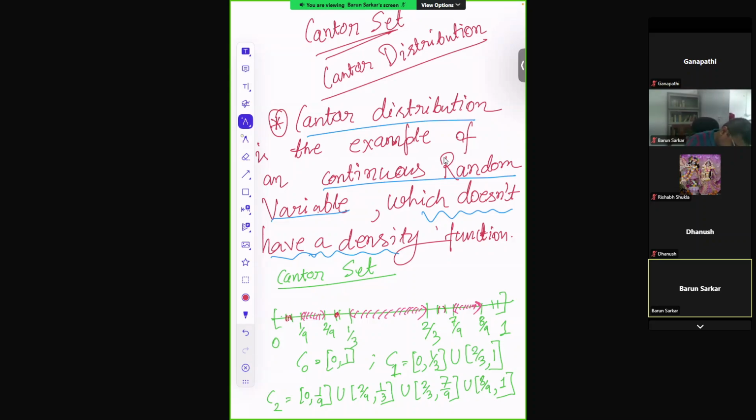But you see, the points 0 and 1 will continue to remain. The endpoints, like 1/3 and 2/3, will continue to remain, as will 1/9, 2/9, 7/9. So in a sense, the Cantor set will be left with an uncountably infinite number of points.